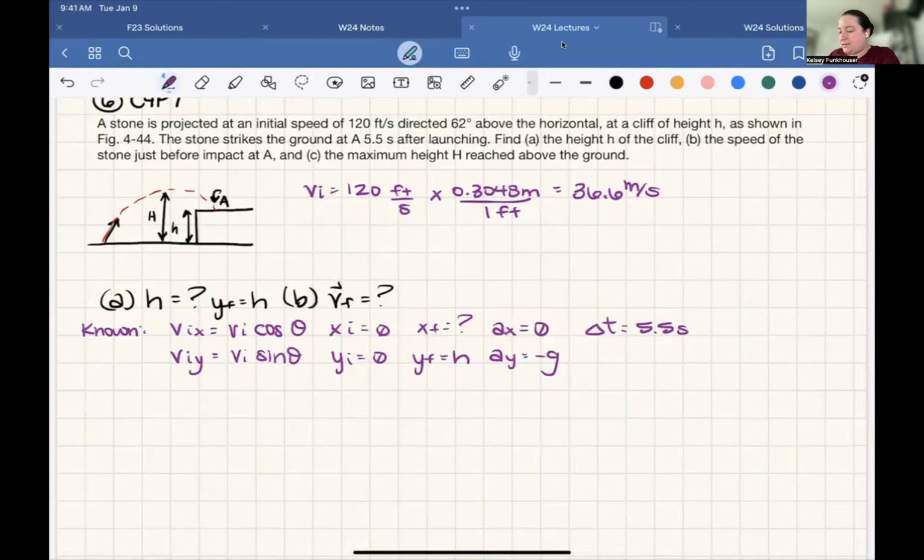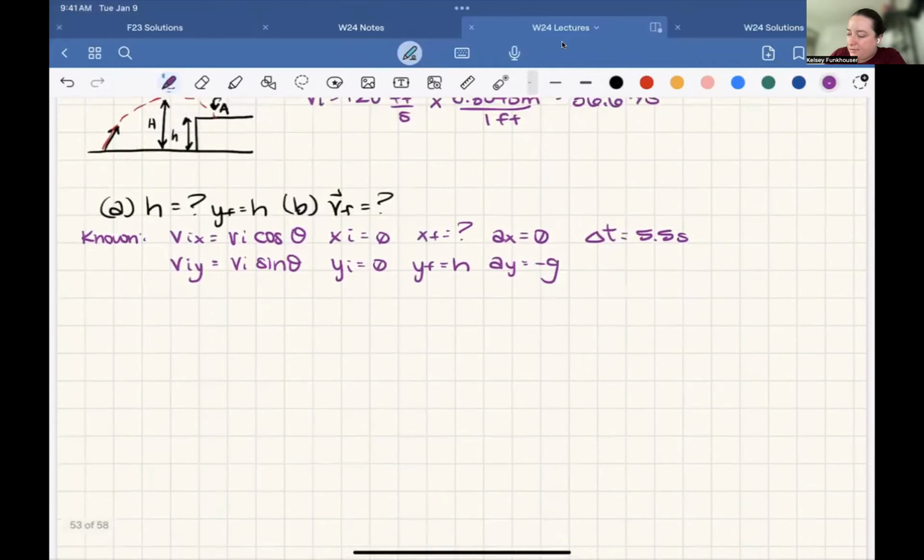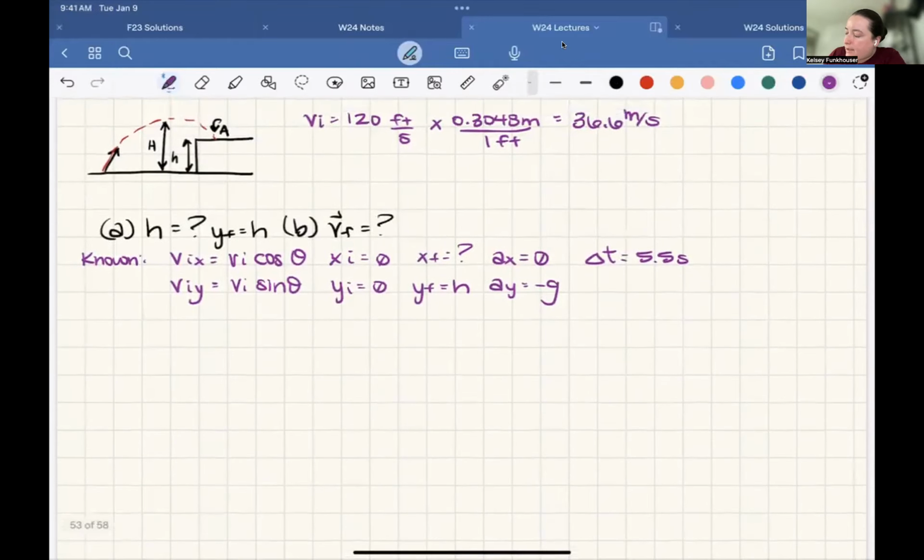When I get asked for y final in a situation like this, there are two kinematics equations that we could use. Y final equals y initial plus v naught y times t plus 1/2 a y t squared, and v final squared equals v initial squared plus 2 a y delta y.